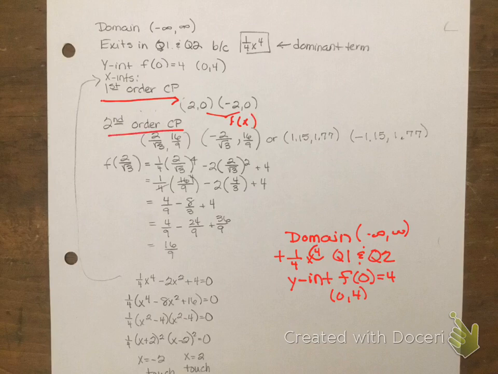My second order critical points, remember I got out a 2 over the square root of 3 that was positive and negative. When I plug those values into my original function, I get out 16/9, both positive. Here's the work.